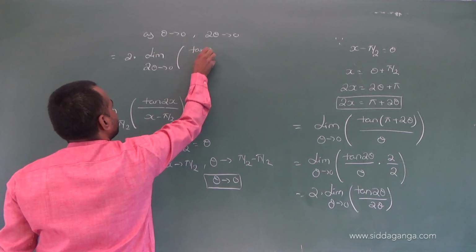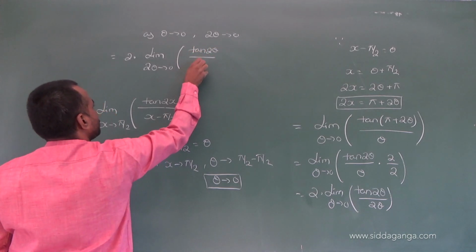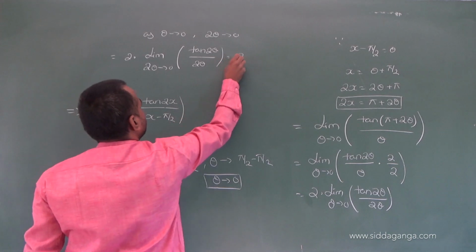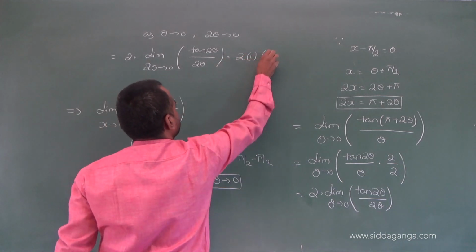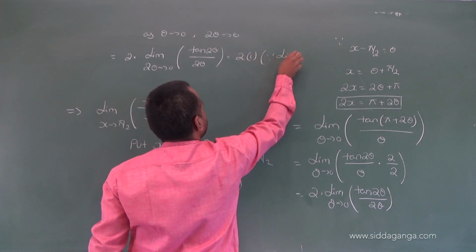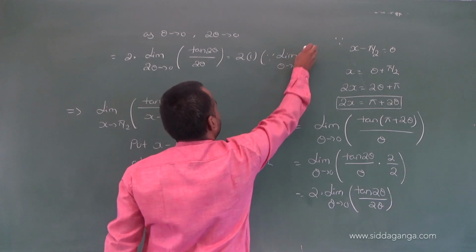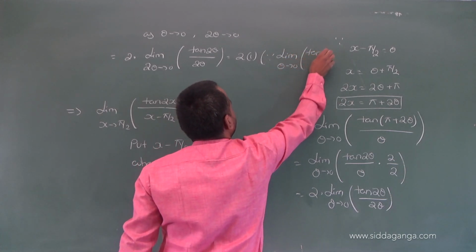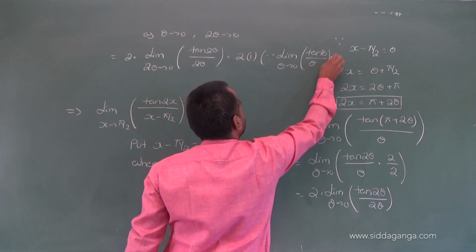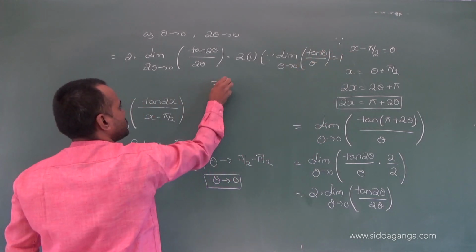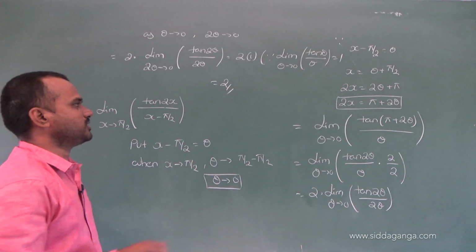And 2 theta divided by 2 theta, 2 into 1, since limit theta tends to 0, tan theta by theta is equal to 1. So answer is 2.